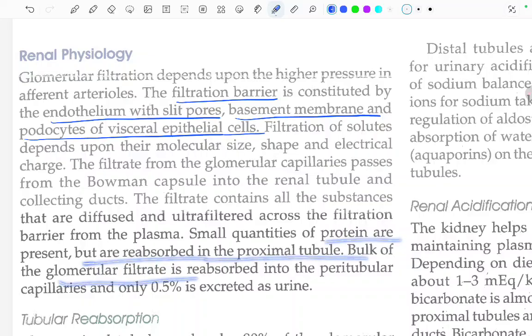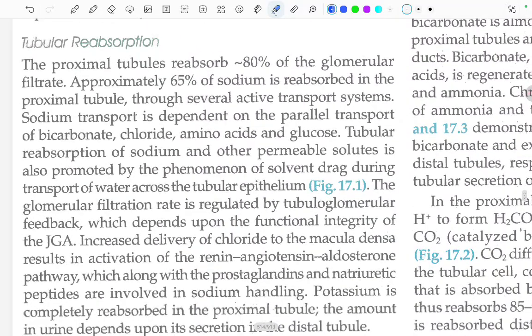Bulk of the glomerular filtrate is reabsorbed into the peritubular capillaries, and only 0.5% is excreted as urine. So all the rest of the filtered contents is reabsorbed. Only 0.5% is excreted. Now coming to renal tubular reabsorption, the proximal tubule reabsorbs 80% of the glomerular filtrate.